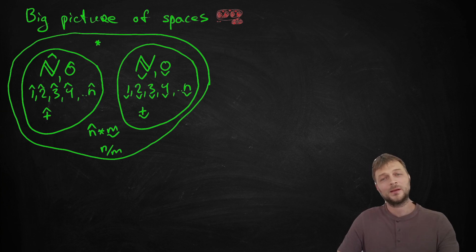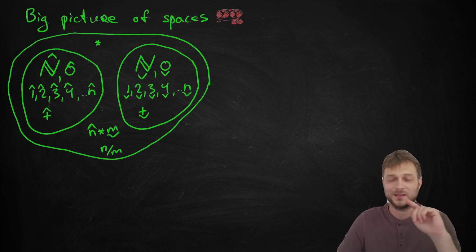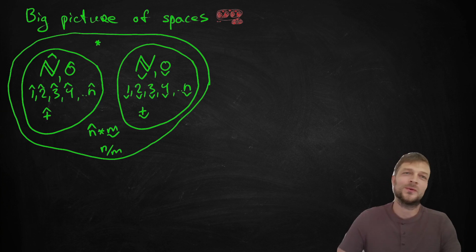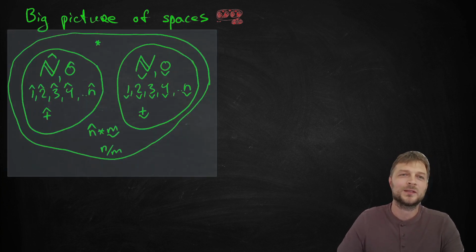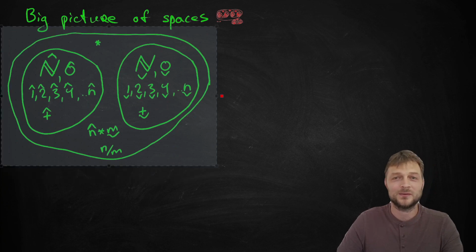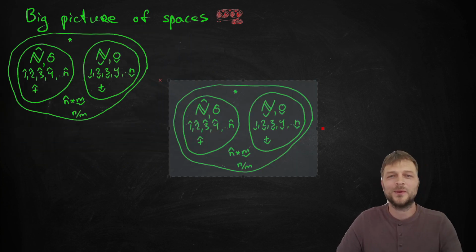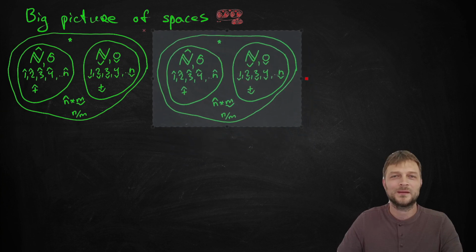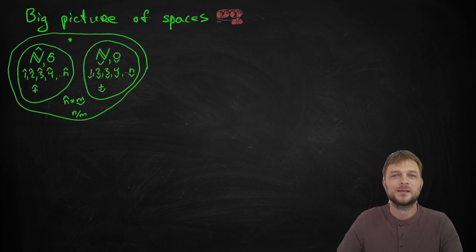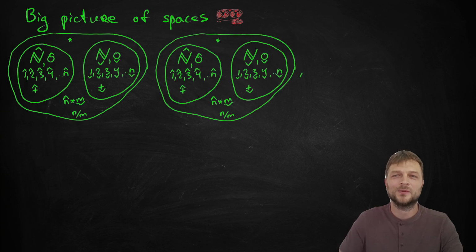Multiplication here is just one single multiplication operation. What we want to do is start thinking about the same trick with multiplication. So we take this space, and we want to copy it. And we want to build another space around it.